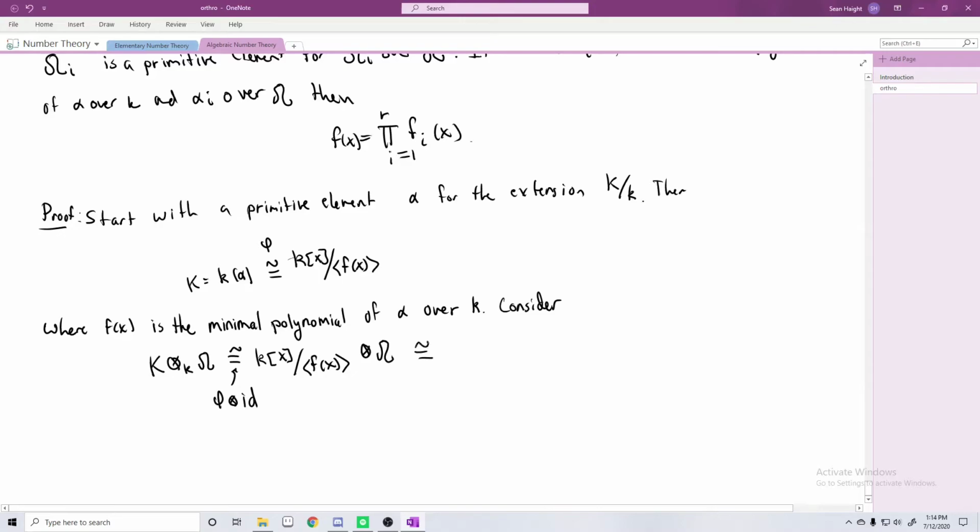Furthermore, this is isomorphic to the next one. The second map is a little bit more complicated, and sends a little g of x plus this ideal f of x tensor a little omega. Yeah, maybe it's a little bit more work to check this is an isomorphism, but you can do it maybe by defining a map the other way. That's probably how I would do it.